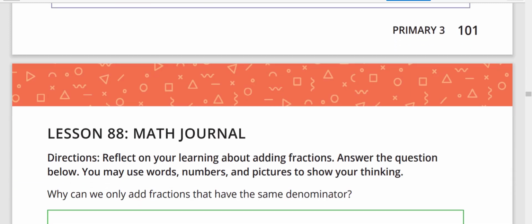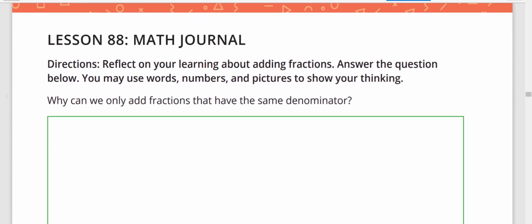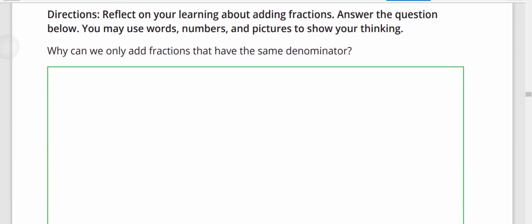Next page. Reflect on your learning about adding fractions. Answer the question below. You may use words, numbers, and pictures to show your thinking.